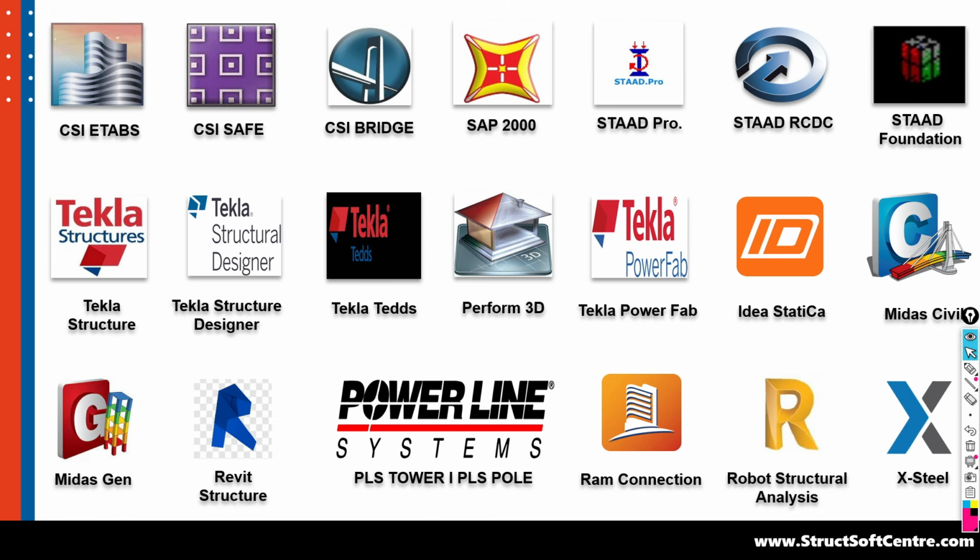So if you want to become a professional structural engineer, you need to choose a particular software for a particular project. Once you decide that, you have to learn that software in depth, how to operate it in a basic way and how to operate it in a smart way.